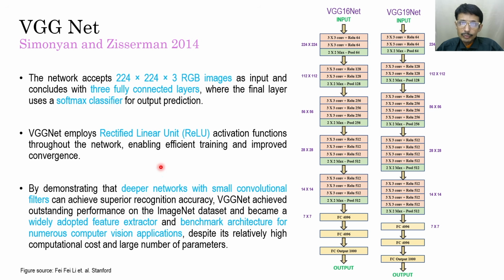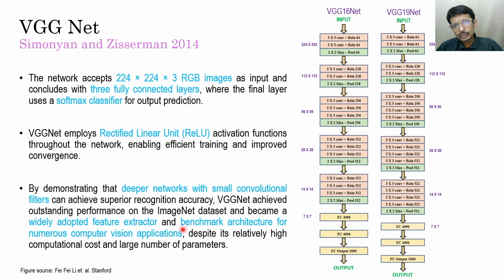Now, what we have said, deeper networks with small convolutional filters, is one of the main important features of VGG net. This achieves a superior recognition accuracy. In 2014 it was the winner of this ImageNet challenge, and became a widely adopted feature extractor.